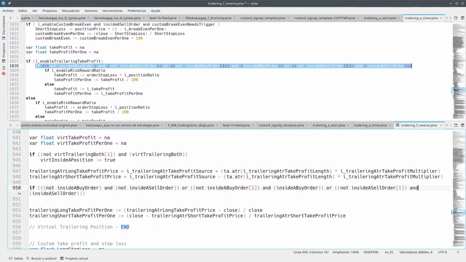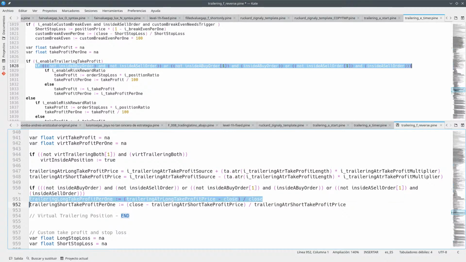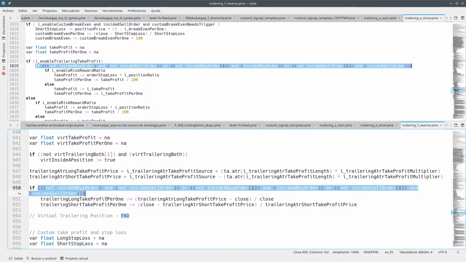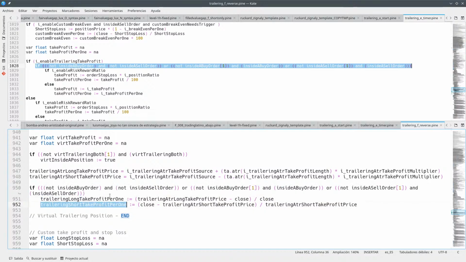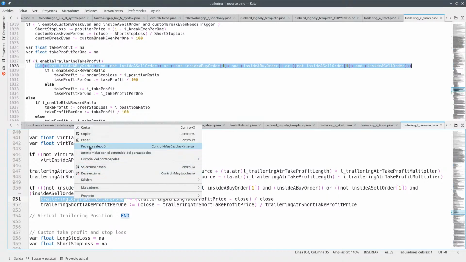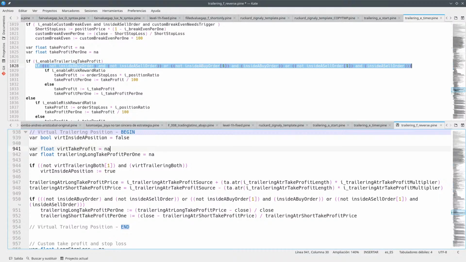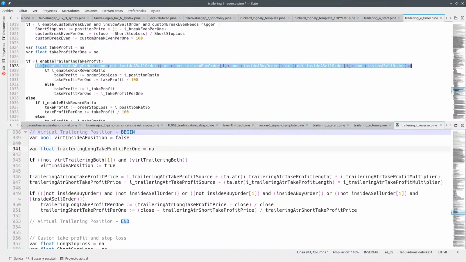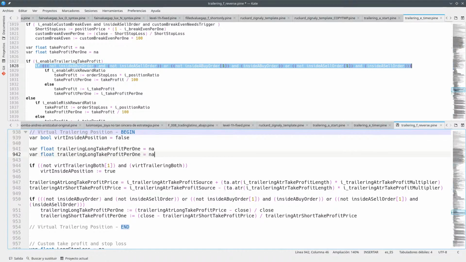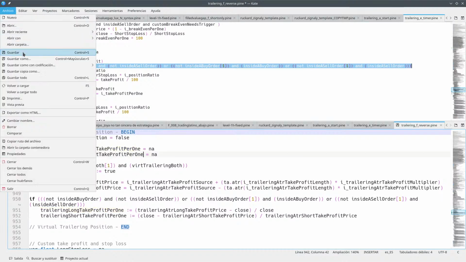This needs to be done always, but it does not mean that we are going to use it in order to define take profit per one again, which, by the way, this was to be this one here, isn't it? So no need of a take profit if it's not used, but if we use it, we will for sure use it.